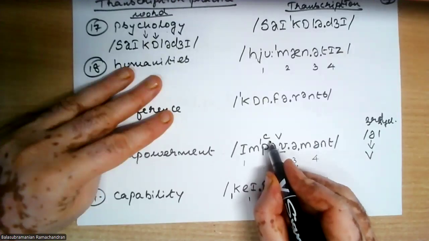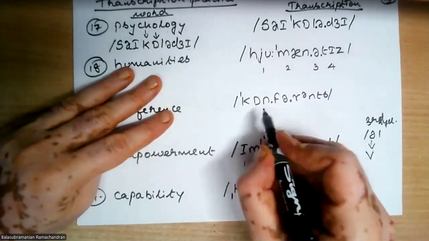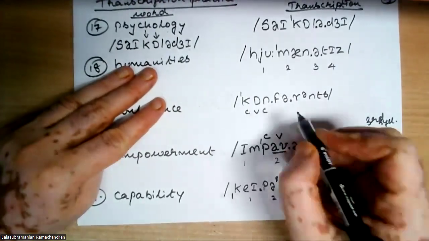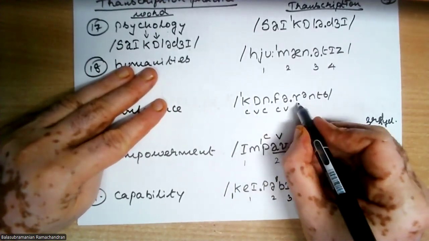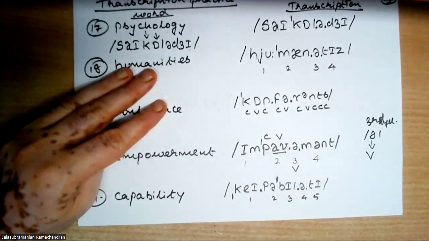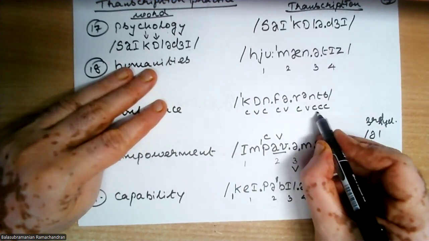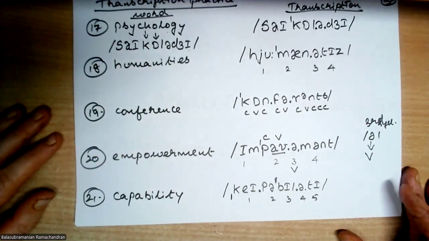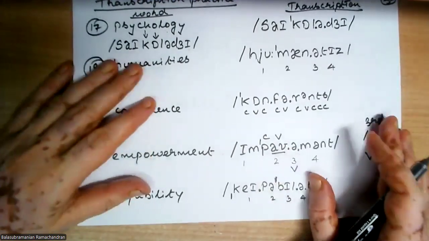For POW, the structure is CV. For con, CVC. For rents, CCC. Okay. So this is the answer. These are the coda consonants, and through transcription, you can easily cover 3 or 4 topics.